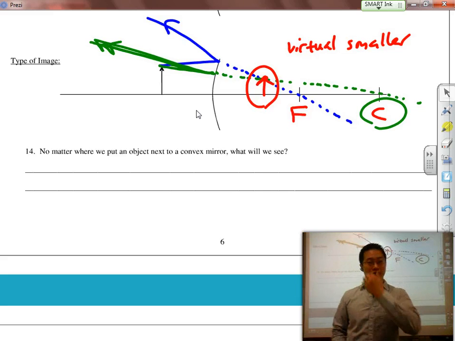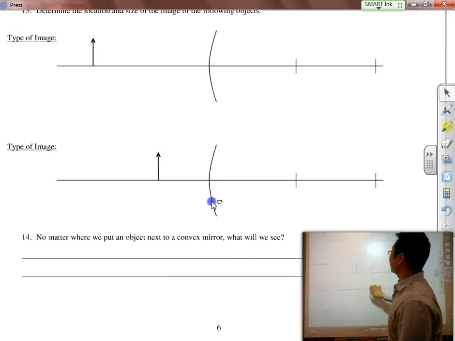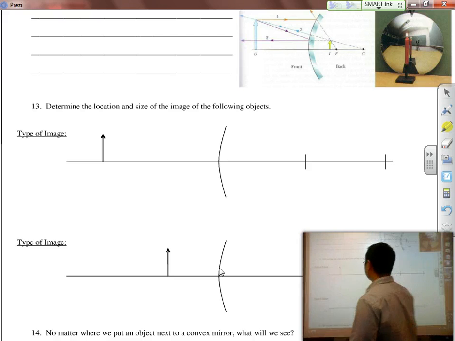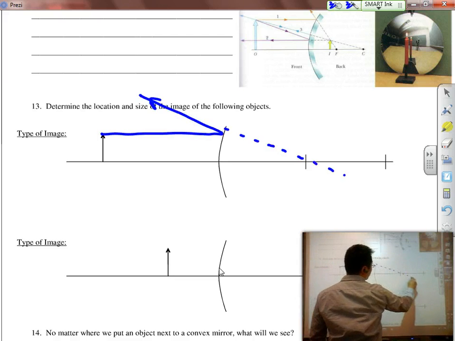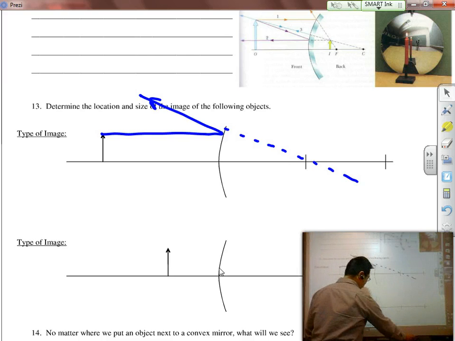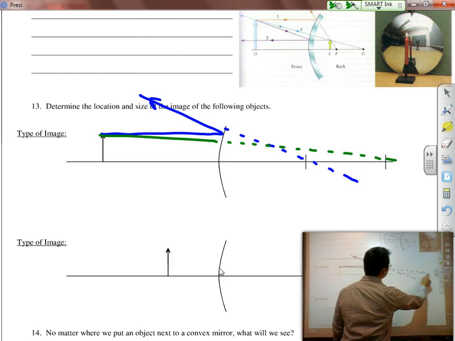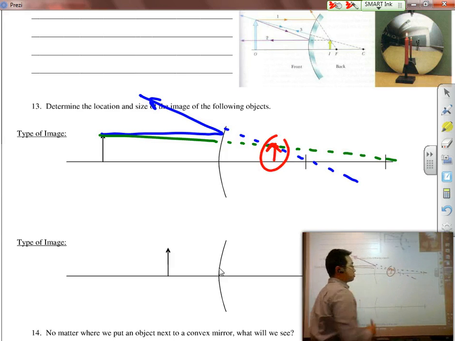And that's the only type of ray tracing you have to do because the focal point is always going to be on the other side. Even if you move the object further back, like in this example over here, it's still going to be parallel, backtrack through F, virtual through F, and then straight through C. And you have a virtual smaller image.